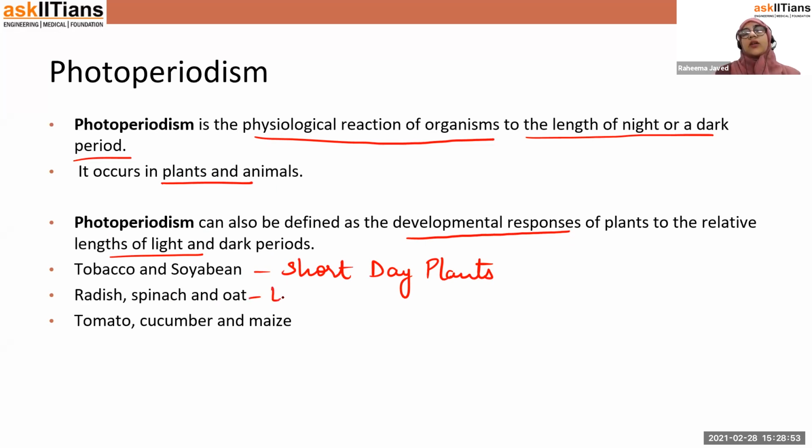Okay, there are long day plants also. Long day plants require more than 12 hours of light for flowering, like radish, spinach and oat. Okay, there are some plants which require equal length of day and night for flowering. They are known as day neutral plants, like tomato, cucumber, maize, etc.